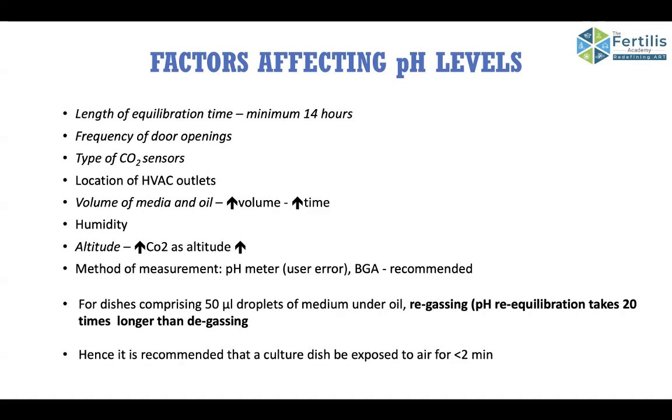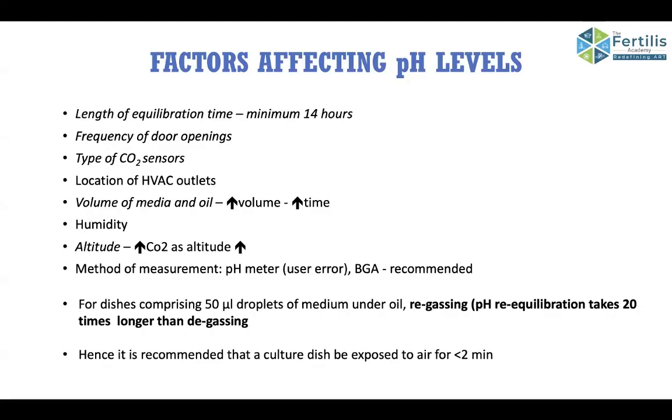If you're working in small drops, then re-equilibration after gassing takes 20 times longer than degassing. So when you're working in small drops, the pH changes much faster.